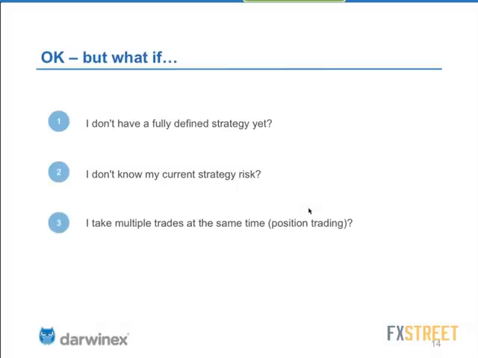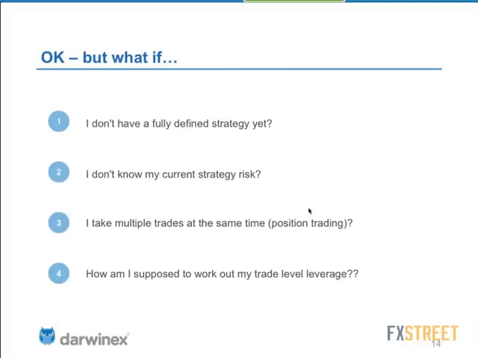Similarly, if you take several trades at the same time, for instance, what people call position trading, say you go long in the pound yen and you go short in the euro dollar at the same time, obviously nominal leverage will not work, because it's difficult to work out the risk from the nominal leverage. But there's no problem, because there are also tools to tell you exactly how much trade level risk you're taking.